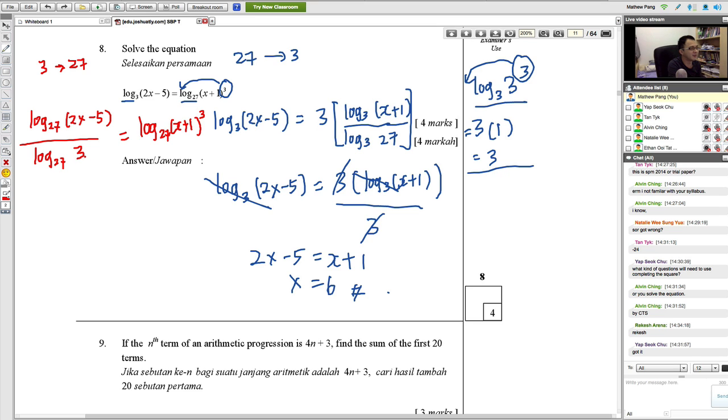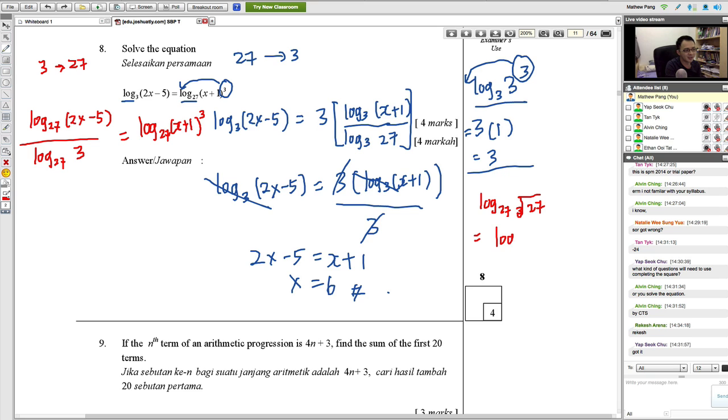Log base 27 of 3. If you are very good in log, you can understand something: the cube root of 27 is 3. So I can change the 3 into the cube root of 27.